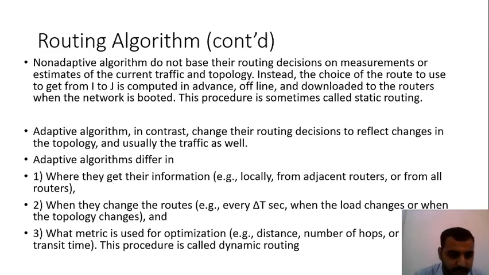The second point says, when do they change the routes: when the load changes or when the topology changes. For instance, you are moving from Charminar and you want to go to some XYZ place. It is always known that Charminar has traffic. So you will take an alternate route so that you can avoid visiting Charminar.